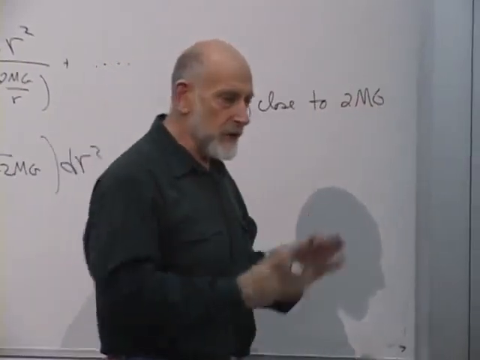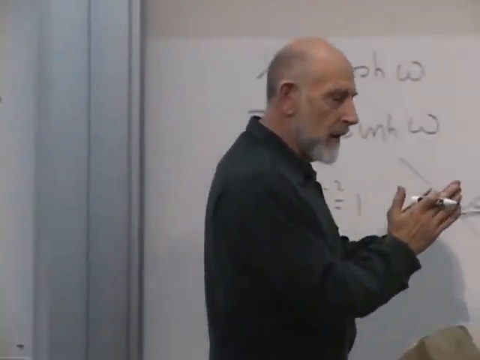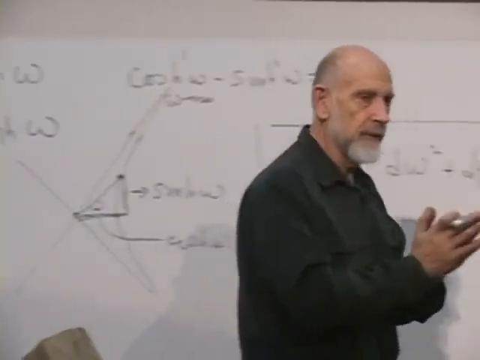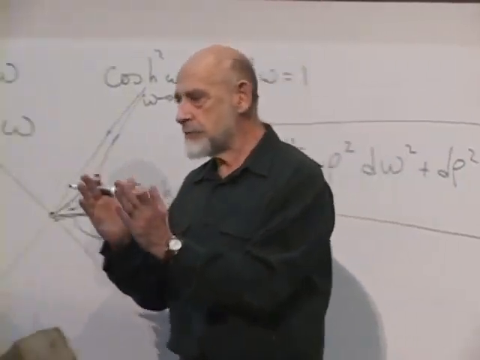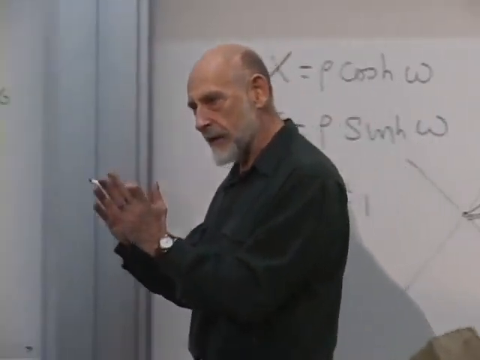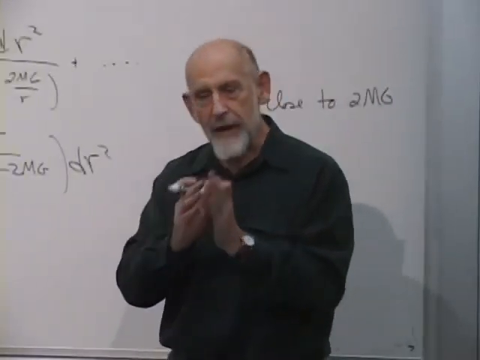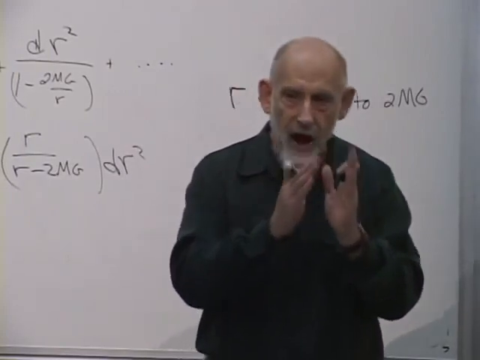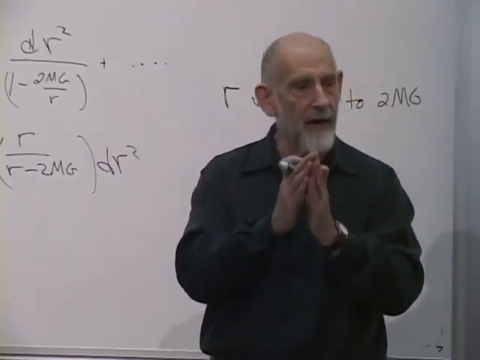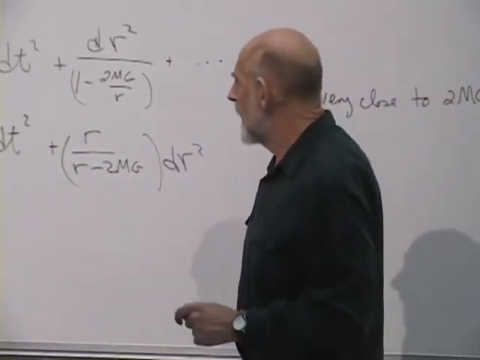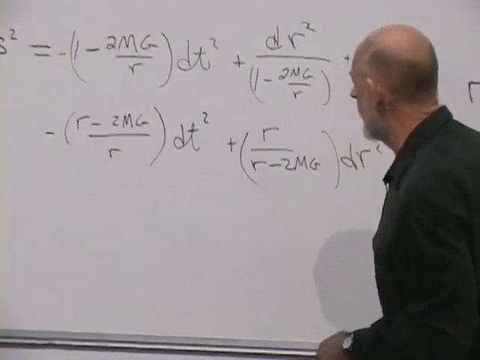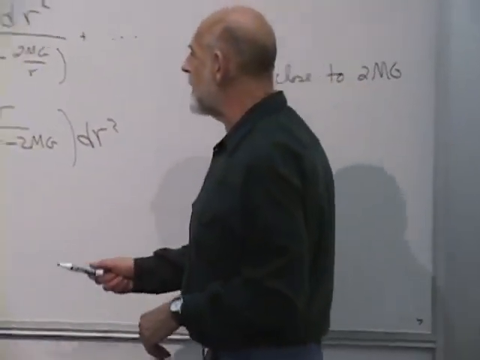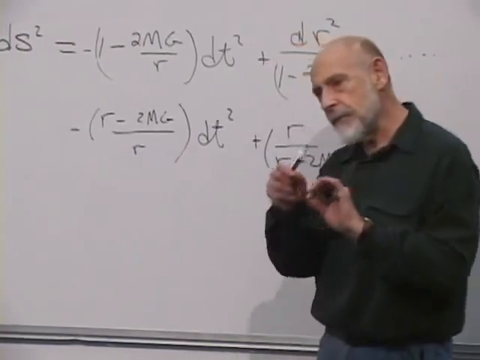What we want to do is zoom in on r equals 2mg and sort of expand out and see what's going on there by making some approximations, but approximations which are highly accurate right at r equals 2mg. And the basic approximation we're going to make is in the denominator here, we're not going to be moving much.